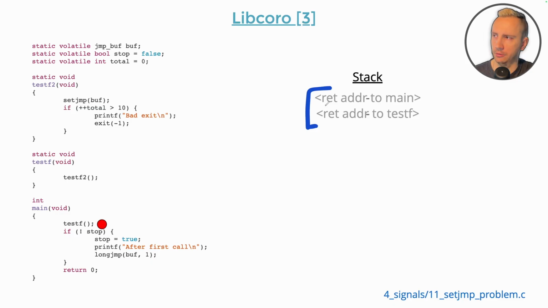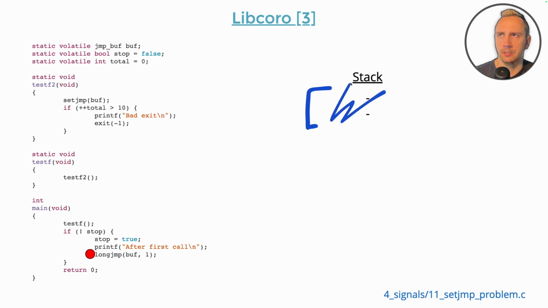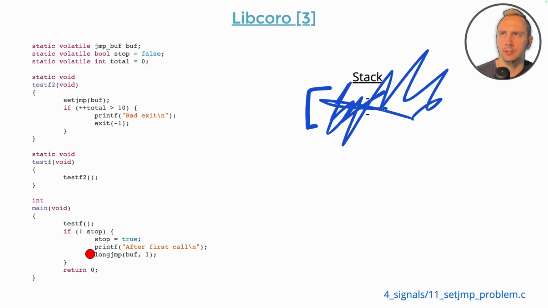But now I do the following. I call printf. Printf is a relatively nontrivial function which will use the stack for some internal things. I don't know what it's doing. It will basically override the stack with some trash, which makes no sense for my own code at all.